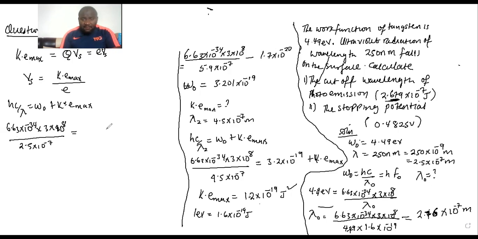It's going to be equal to the work function, which was given as 4.49 times 1.6 times 10 power negative 19 plus kinetic energy maximum. So I can make kinetic energy maximum the subject.